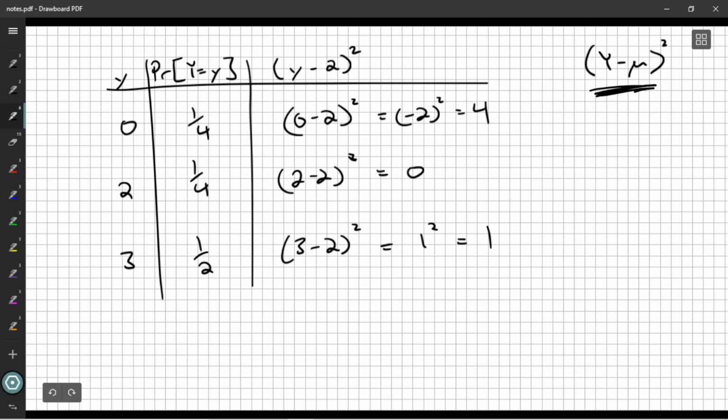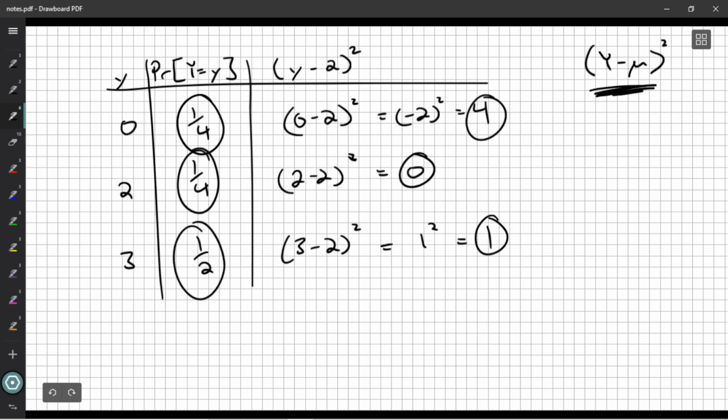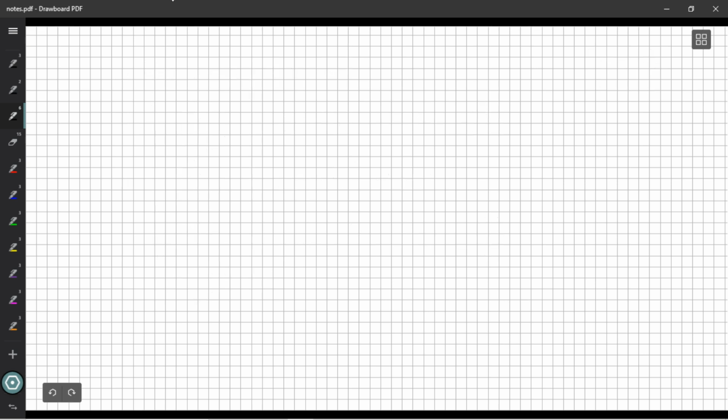So this new random variable is 0 with a probability of 1 quarter, then it's 1 with a probability of 1 half, and finally it's 4 with a probability of 1 quarter. So we can create a new PDF for this new random variable.